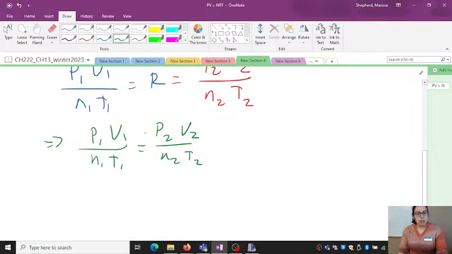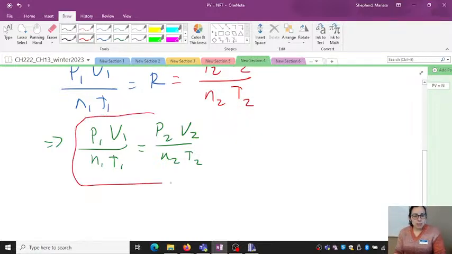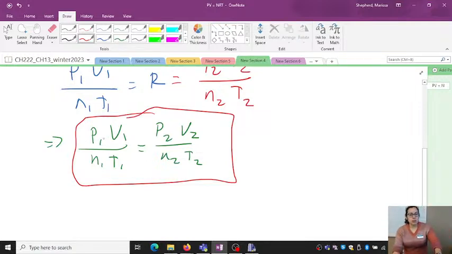We were looking at volume and temperature, holding pressure and moles constant, so those cancel out. And then we looked at volume and moles, again holding pressure and temperature constant, so those canceled out. Again, all you need to remember is PV equals nRT. You might need this for other scenarios where they're changing pressure, volume, and temperature, but not moles.